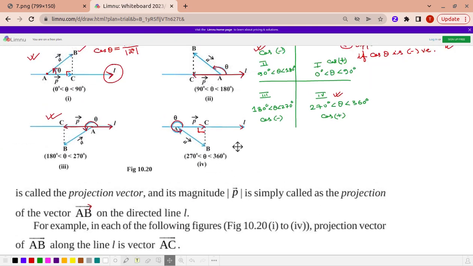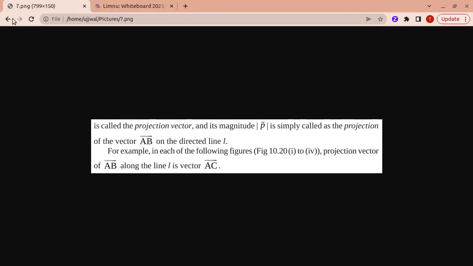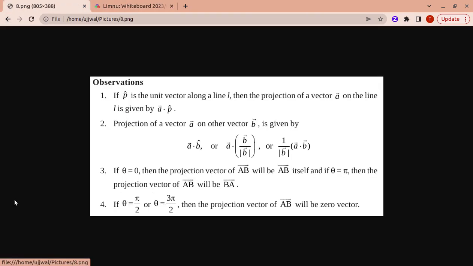In all these cases, you see the projection vector of AB along L is the vector AC, which we defined as the vector P. Now, look at the direction of the vector AC and the directed line L, to understand how they correlate as theta varies in the four quadrants. I hope you got a very clear idea about the projection vector, its magnitude, its direction. Now let's proceed to the next point.